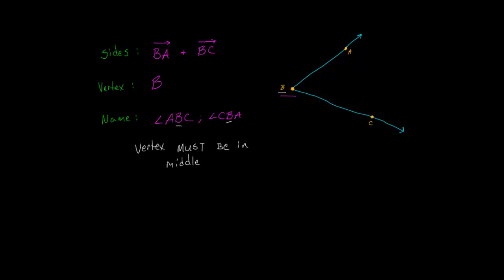Now, another way of naming this, if you have a simple angle like we're looking at right here that doesn't have any additional parts, and if you just take a quick glance down to example 2, you will see what I mean by additional parts. It has a whole other ray mixed in with this. We can also name this angle B. We'll just use our vertex to name this angle.